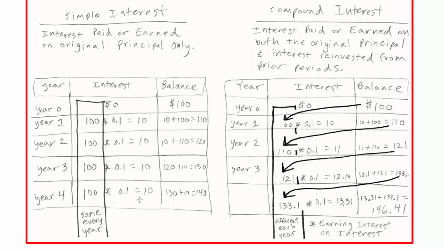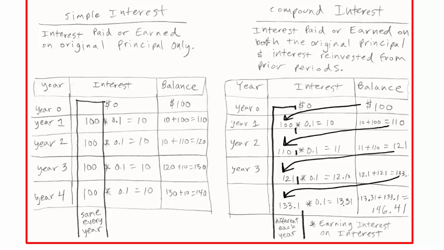So look at that. There's 4 tens. The interest paid is the same amount each year. So if we did the calculations, well, we could actually just take the 10, multiply it by 4, and add it to the 100, and the maturity value is 140. Now, for simple interest, the concept is the amount we multiply by the annual rate is the same every year.